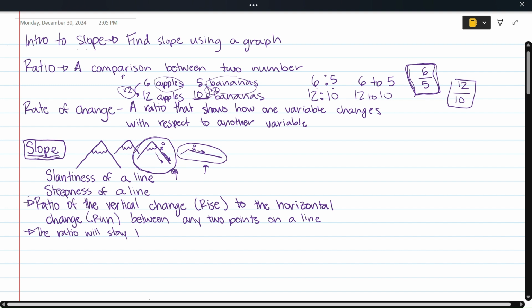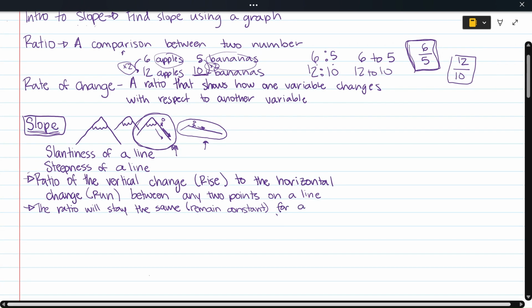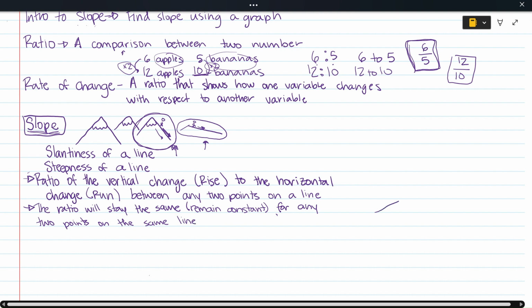Sometimes in math, instead of saying stay the same, we say will remain constant for any 2 points on the same line. And that's probably feeling a little scary right now, so I'm going to give you a little doodle to show you what I mean.